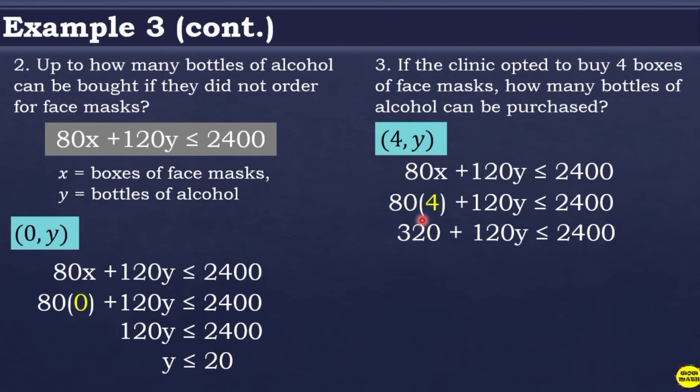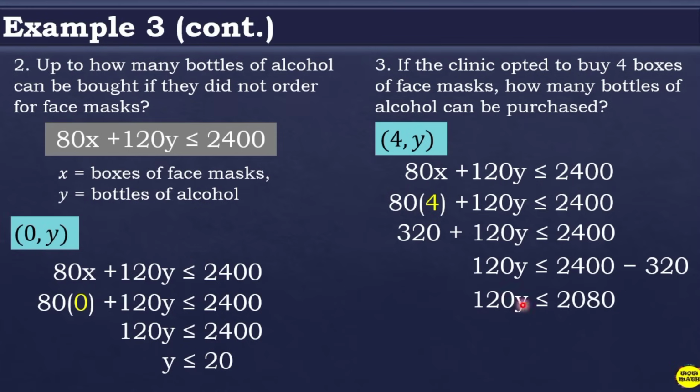So this is 320. So simplify, you will have 120y is less than or equal to 2,400 minus 320. So by APE, this will become 120y is less than or equal to 2,080.